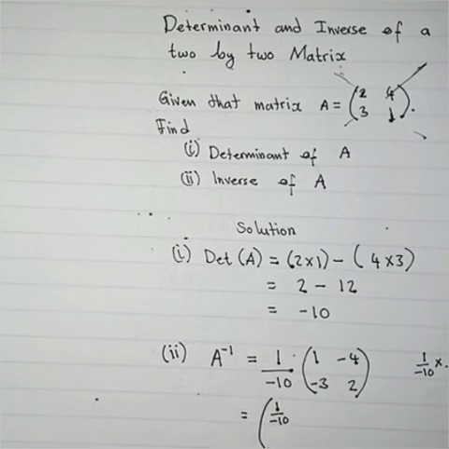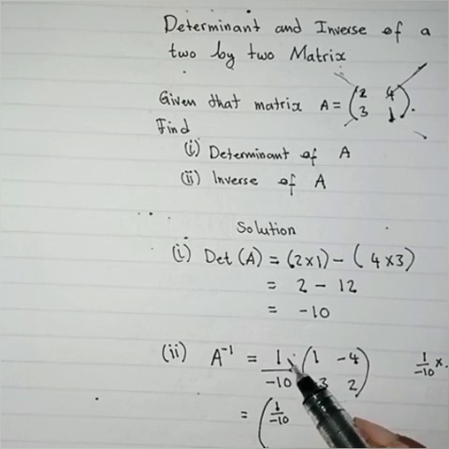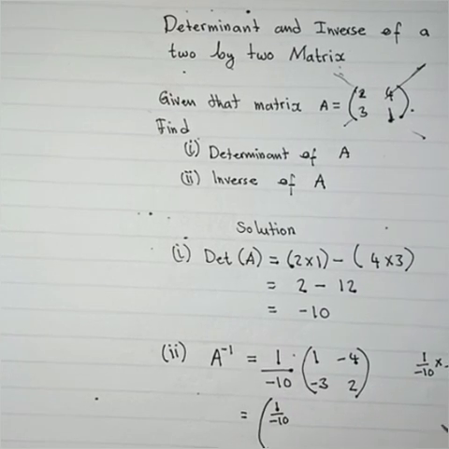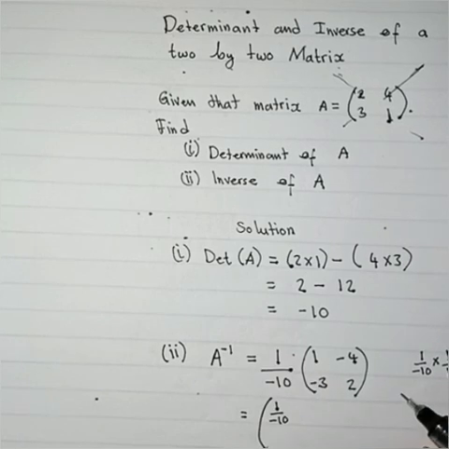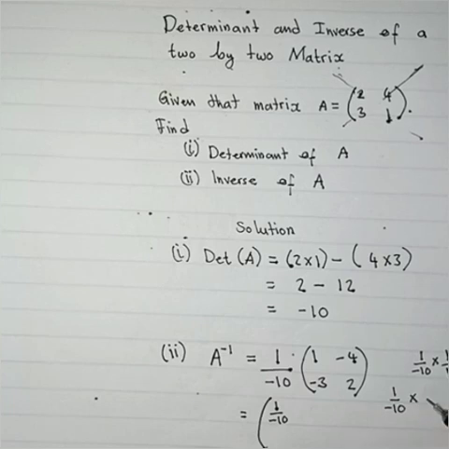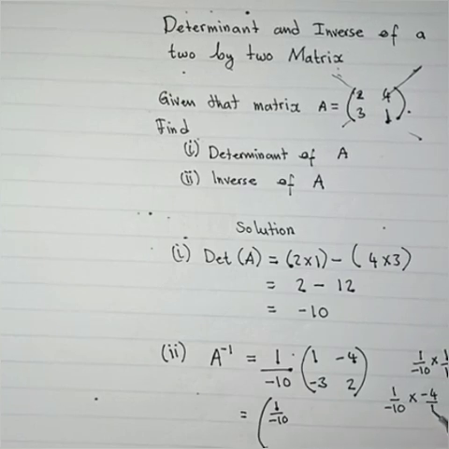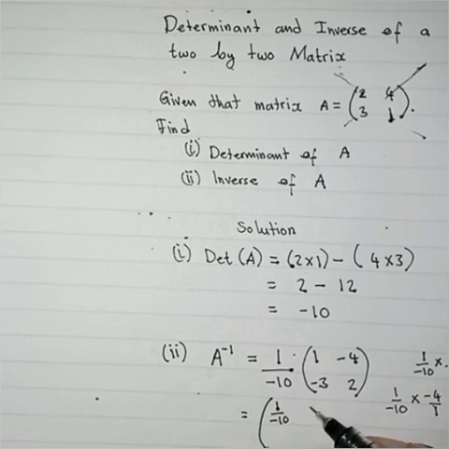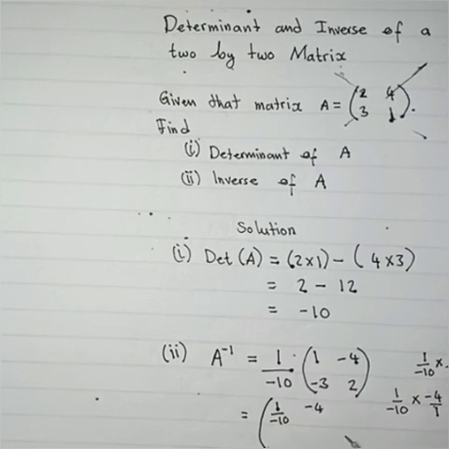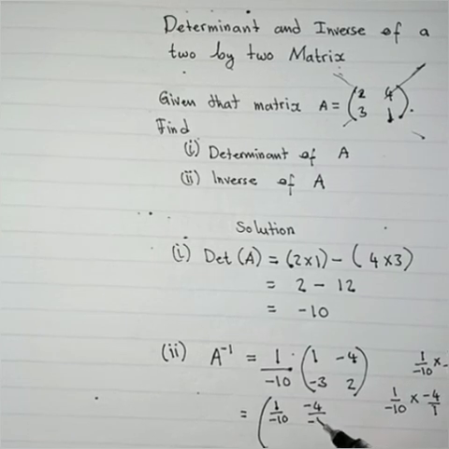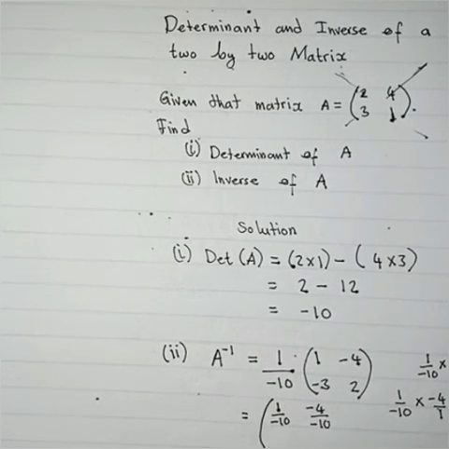We continue distributing throughout other terms. 1 over -10 times -4 over 1. 1 times -4, we get -4 over -10 times 1, we get -10, like that.